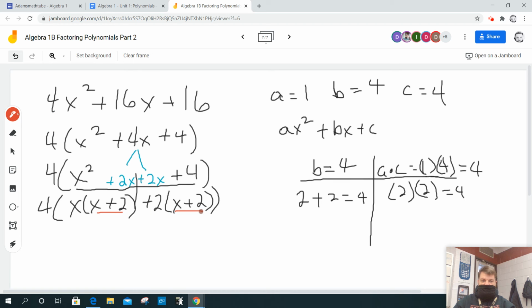They both have x plus 2. So if I factor out the x plus 2 there, oh wait, I can't forget that 4 that's in the front. And then what goes in the parentheses here? X and plus 2. We're almost done.